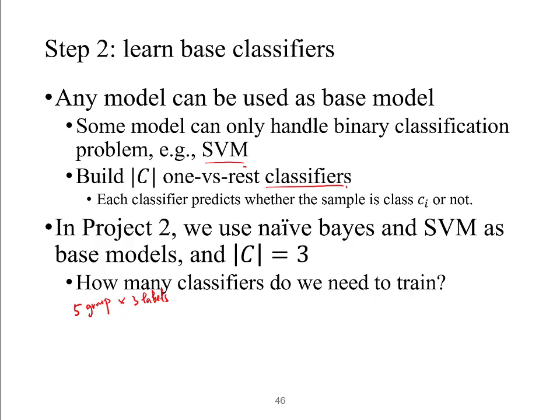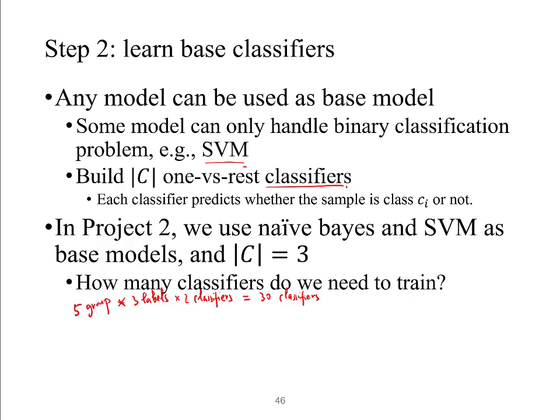For each label, we need to train a classifier for naive Bayes and a classifier for SVM, so it's 2 classifiers. So for this part, we would have 30 classifiers to train.